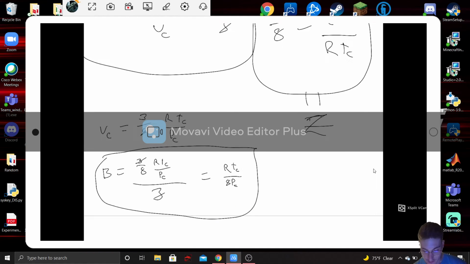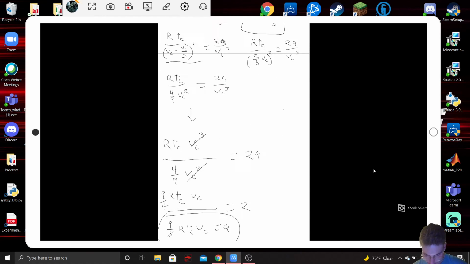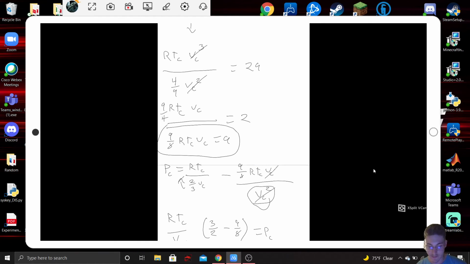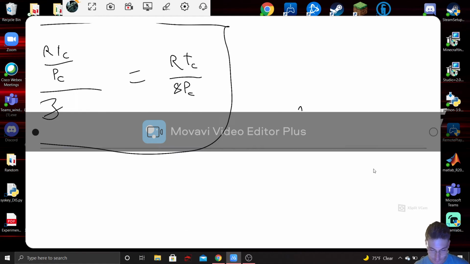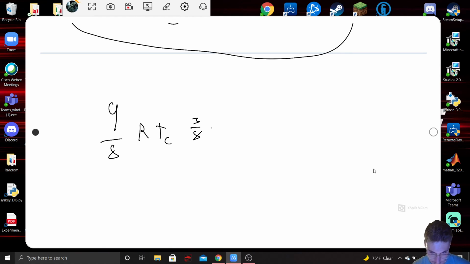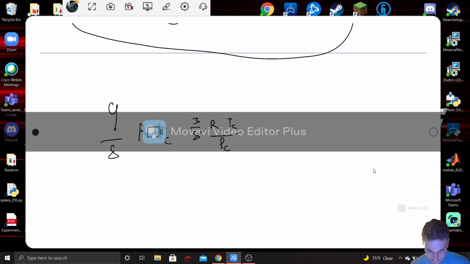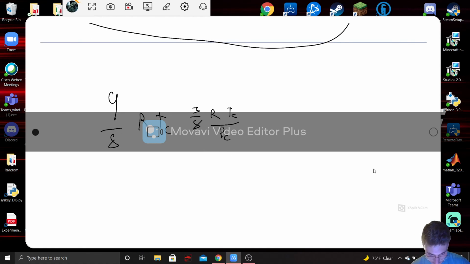And we could do the same thing for A. So our A was equal to 9/8 RTC VC. So if we do that, 9/8 RTC, and then pass in the VC, so 3/8 RTC over PC. And after that, we can take this, so it's multiplied.